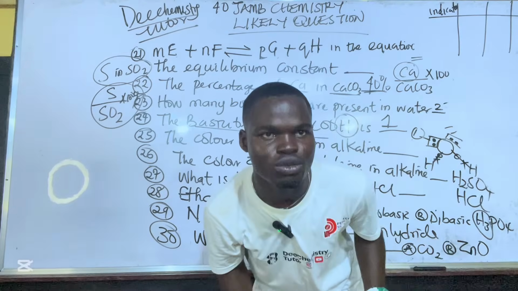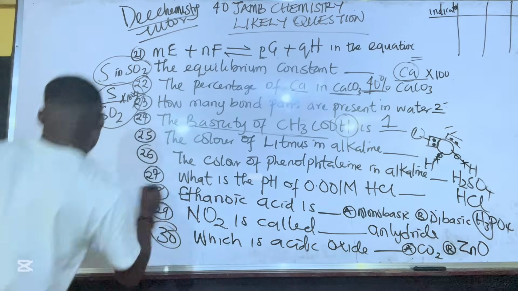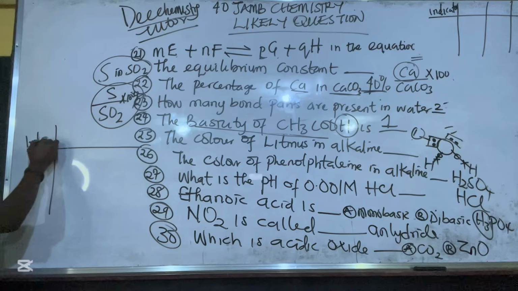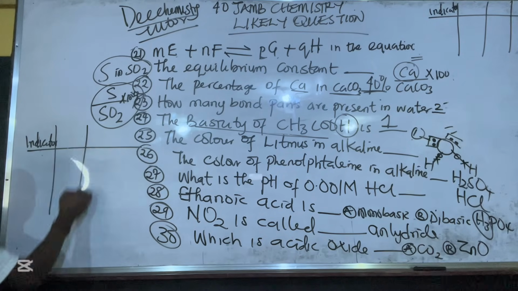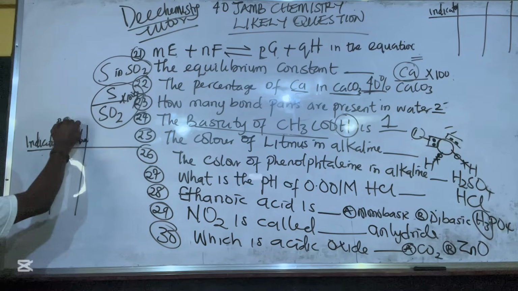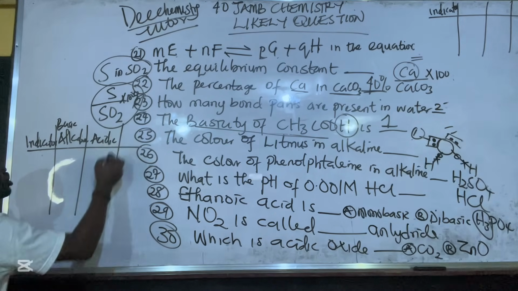I want to be sure you can see that. Now, indicators. If it's not alkaline, you will see what we call basic. Then you see acidic. Then you see what?